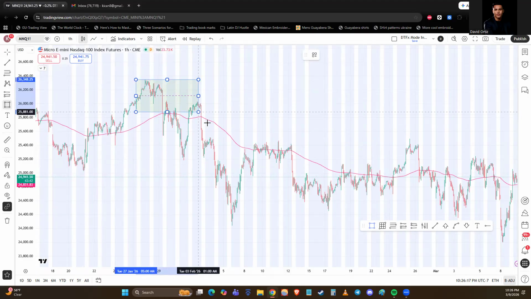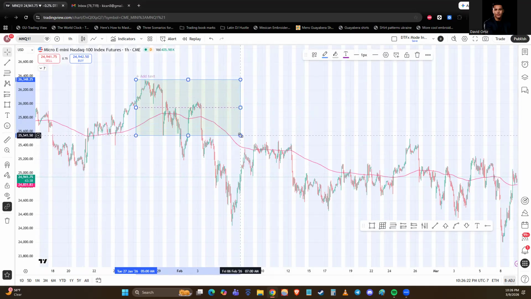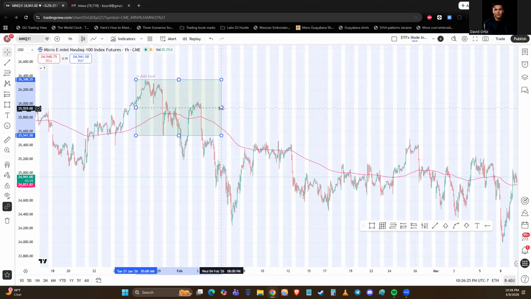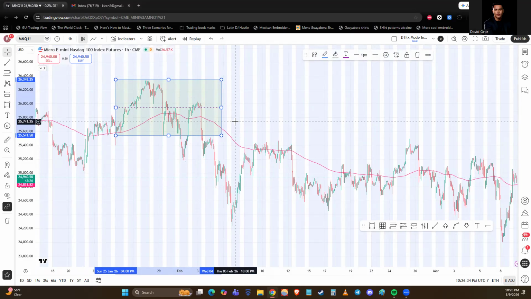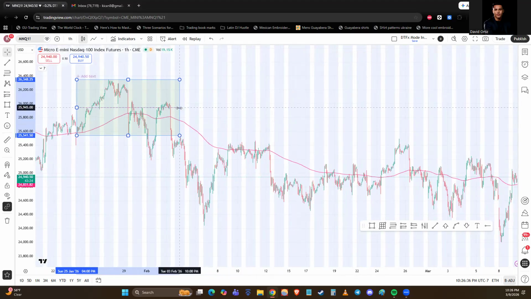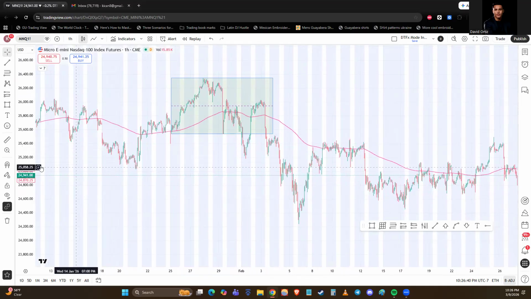So we found direction and we found a swing. The way the strategy works is very easy. You can already start framing a trade with this box.